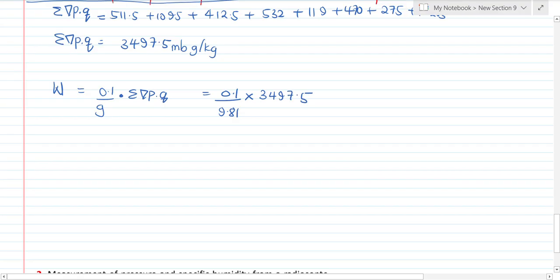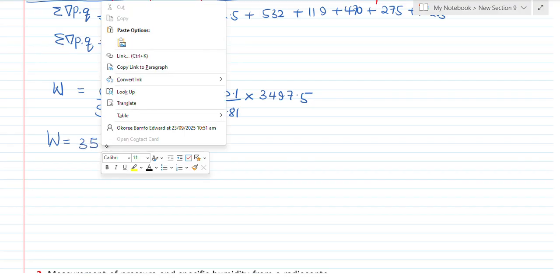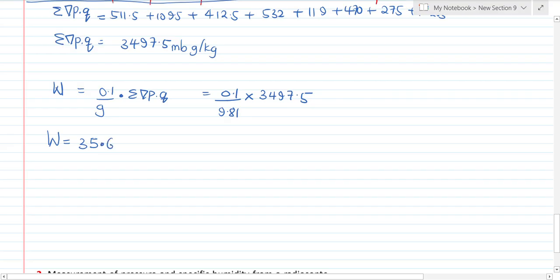So the precipitable water will be equal to 35.652 millimeters.